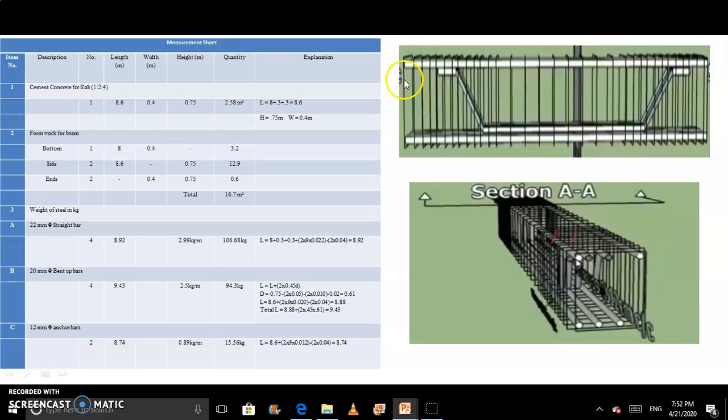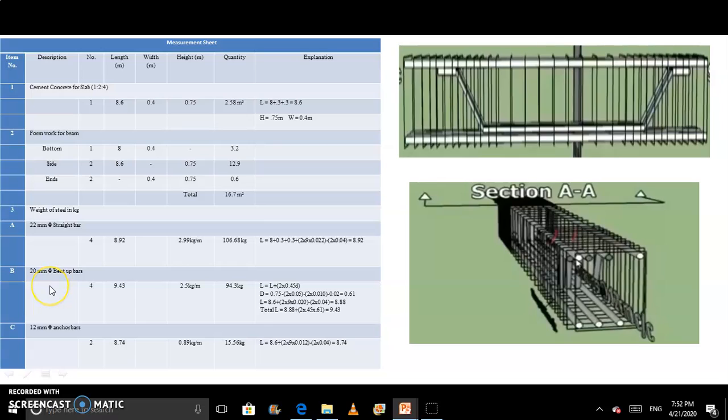But from that side we also provide cover. So in our 8.6 length, cover is also included. That's why we have to subtract the cover from both sides. So we get 8.92 as our length. So we simply multiply this 8.92 and we get here 106.68 kg.